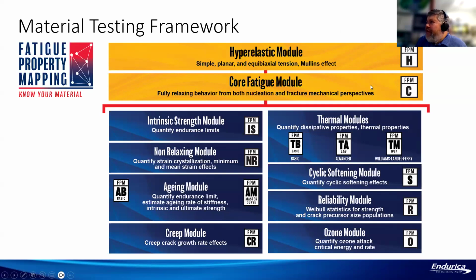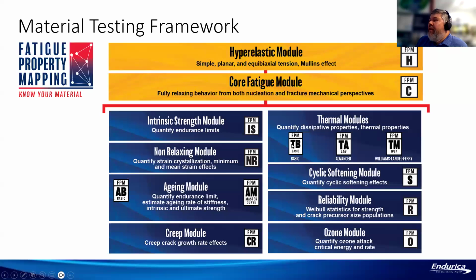So the two on top, the gold colored ones, that's the hyperelastic and core modules. Pretty much any fatigue analysis you're going to do is going to require that type of information. And then optionally, depending on what you're doing, you might need any of these other modules as well.